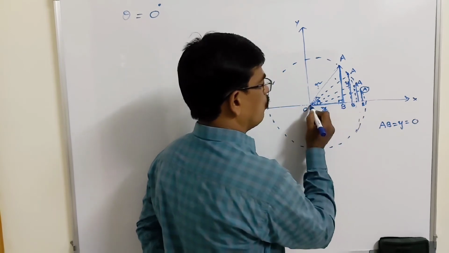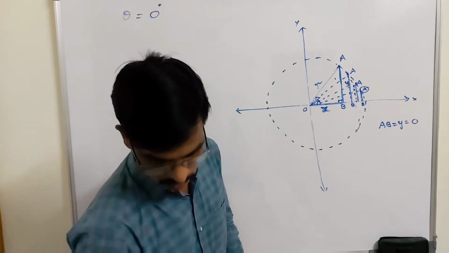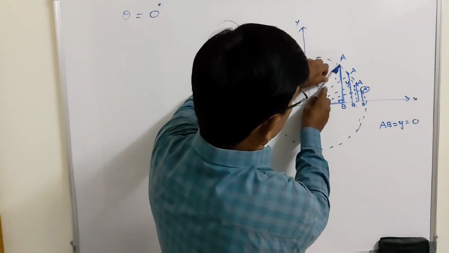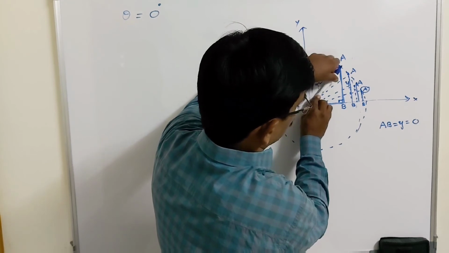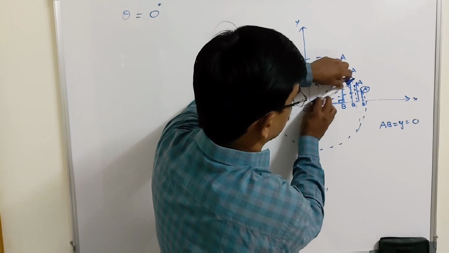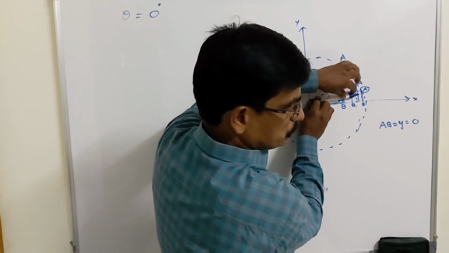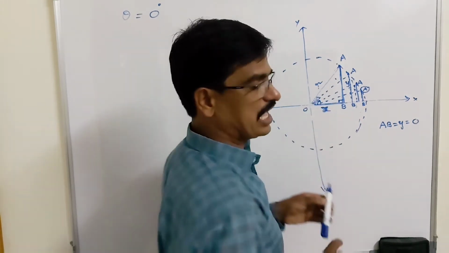Here OB is x. When the OA terminal side moves in the clockwise direction, the theta value decreases and finally reaches 0 degrees, then OA and OB overlap each other.